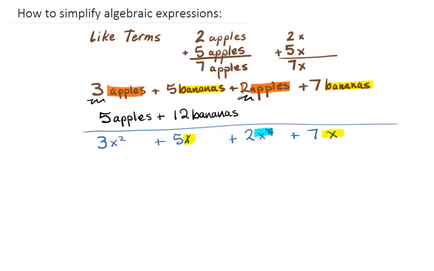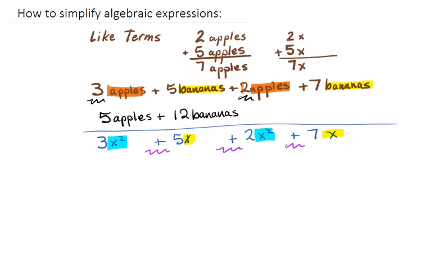So the x squareds would be combined with the x squareds, and the x's would combine with the other x terms. And notice that I'm adding and subtracting in between these plus or minus signs.